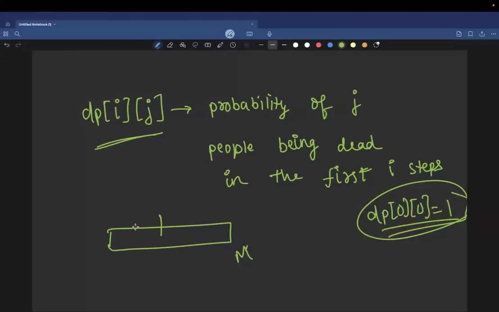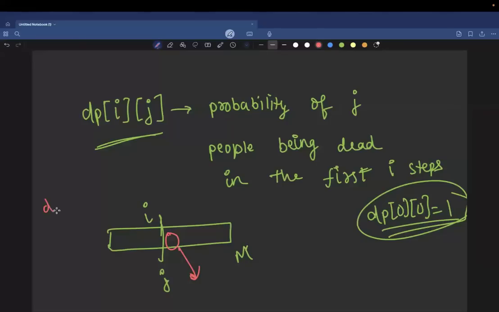Nextly, let's say you have covered these i steps and you know that j people are dead. On the very next step, either the person who is going to move to the i plus 1 step will die.